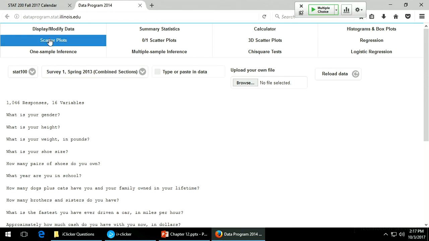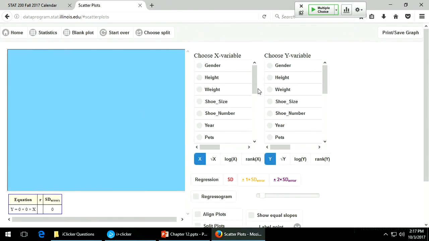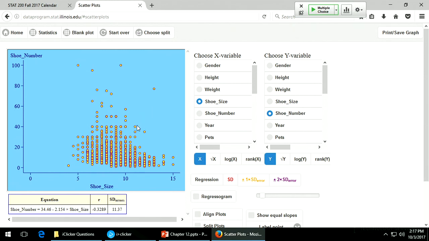And we're going to look at a scatter plot here. Our Y variable is the size of the student's feet, and this is how many shoes they buy. It's exactly what you have in your notebook on page 71. And this is the regression line, and we got this regression equation and a fairly strong correlation coefficient of negative 0.3289.